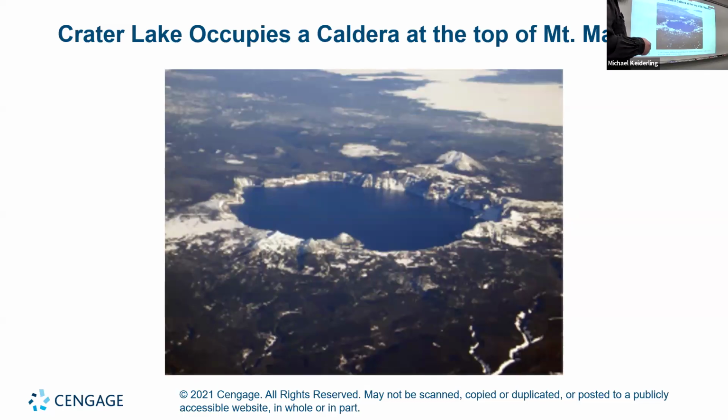See here, this little island? That's Wizard Island. That's a cinder cone that formed from activity after the caldera collapsed. So there's still some activity going on there. There's also a cursed stump floating around in Crater Lake, which apparently if you tie it up, the weather gets bad. So, yeah, that's Crater Lake.